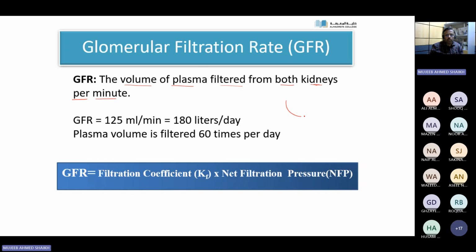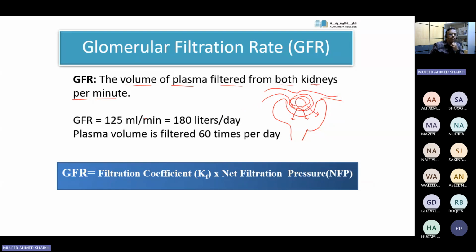So if you see, this is the Bowman's capsule, and this one is the glomerulus. In 1 minute, how much plasma is filtered? We call it glomerular filtration rate.